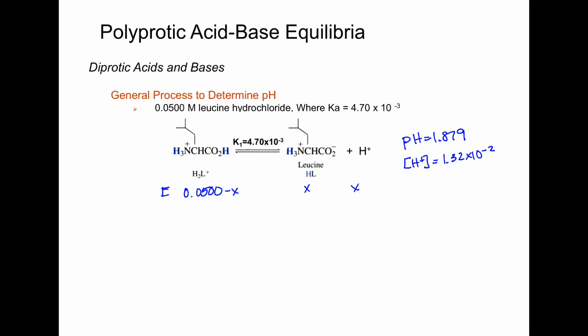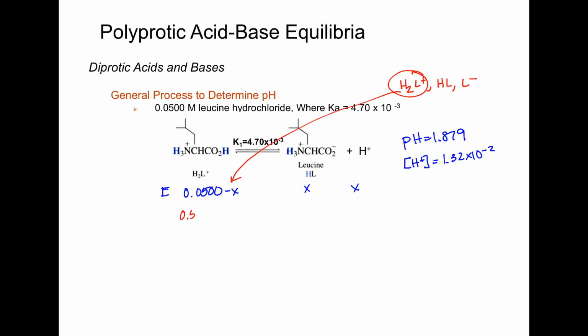Now from our last slide, we found that at equilibrium, so that was the end of our ice table, the H2L was the initial concentration minus X, and that the products were each X. So if we're trying to validate our assumption, and we're trying to find the concentration of each one of these, we can find the H2L because we know that that's true.